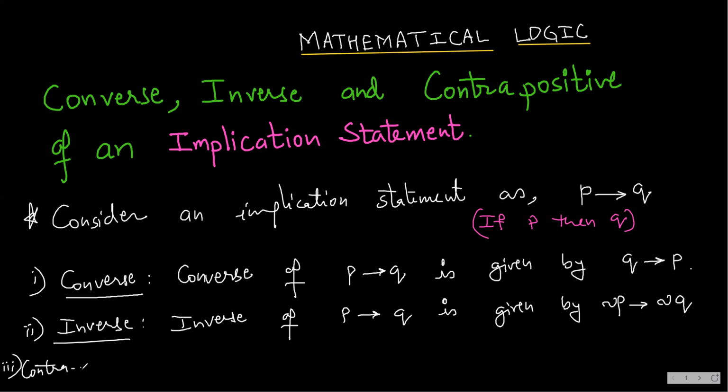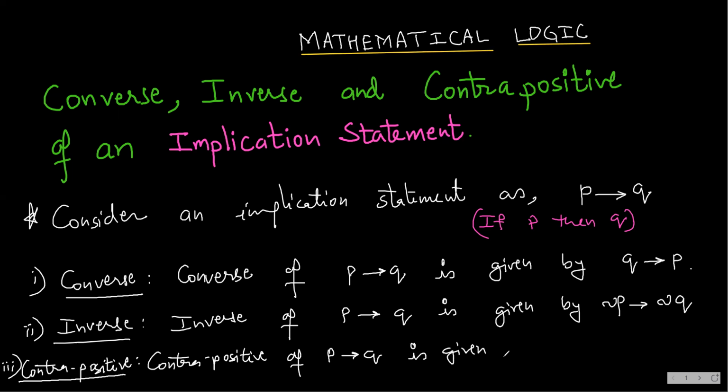And finally we have the contrapositive. Contrapositive of P implies Q is given by negation Q implies negation P. So what is the contrapositive of if P then Q?